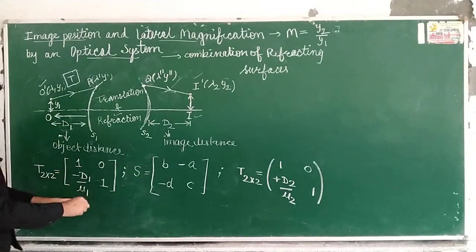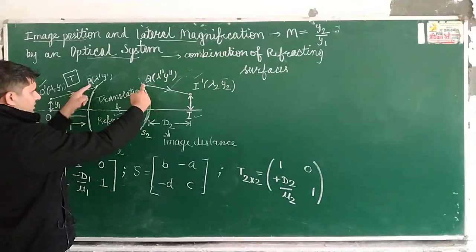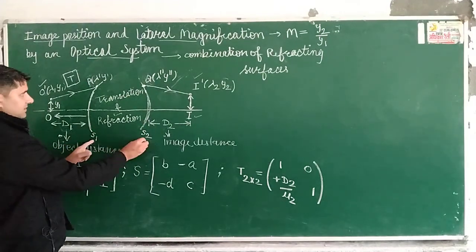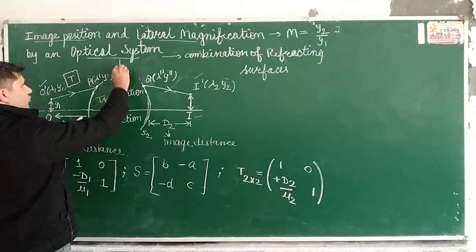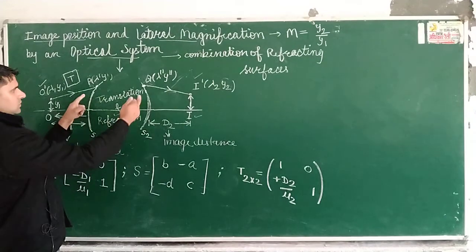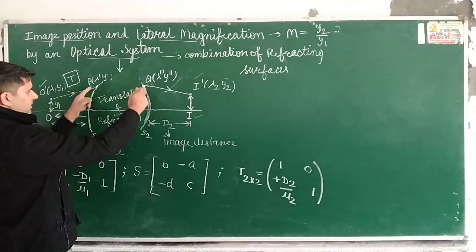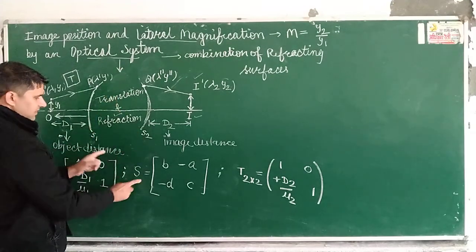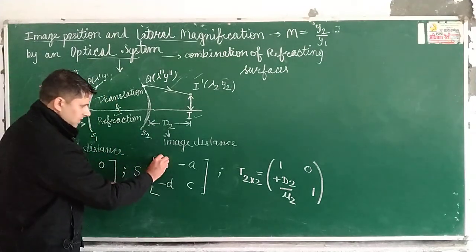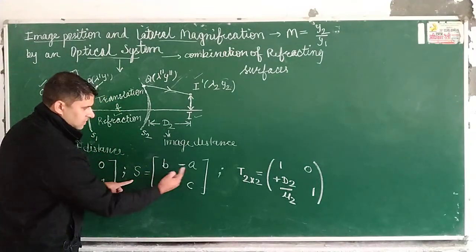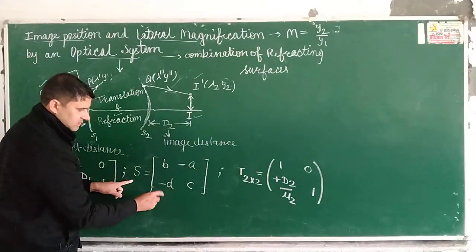Here the measurement will be opposite to the direction of propagation of the light, so this is taken negative. Then in between these two surfaces S1 and S2 we are considering that the optical system is there. Whatever happens in between these two surfaces is given by a system matrix whose elements are minus a, b, c and minus t.